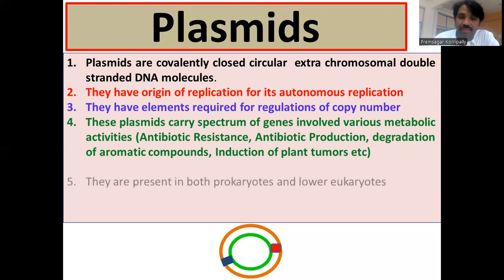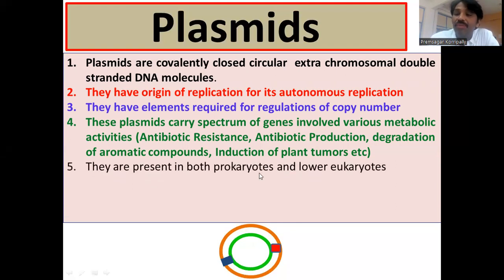Plasmids are present in both prokaryotes and lower eukaryotes. Plasmids are used as cloning vehicles. Why are they so important? Because they can carry your gene of interest from one host to another host, where it can be replicated and expressed.